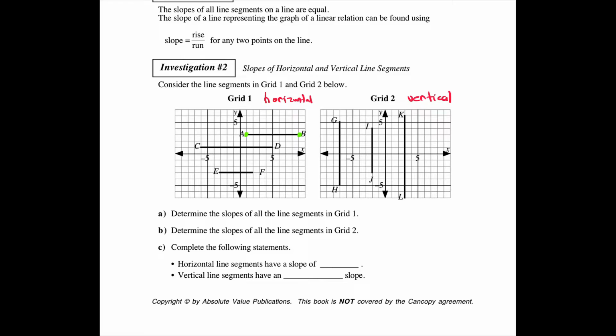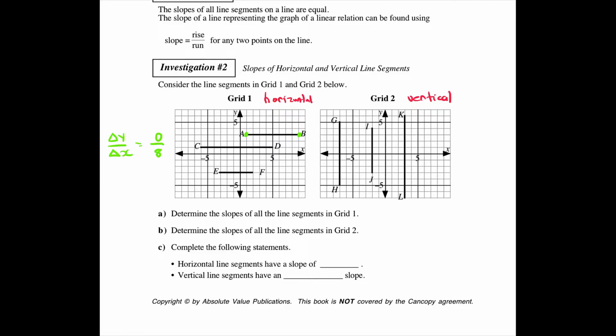So remember, slope is going to be the change in y over the change in x. So what is the change in y in line segment AB? Well, it doesn't move up or down, so the change in y is going to be 0. And the change in x is going to be 8 or negative 8, whichever way you went.